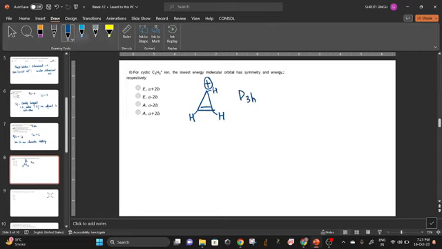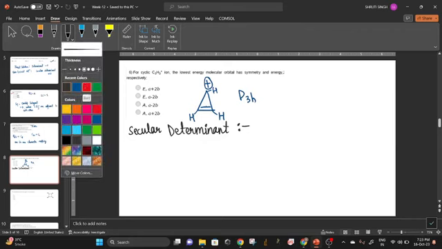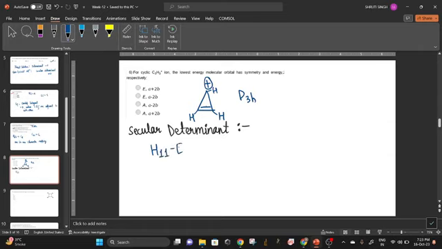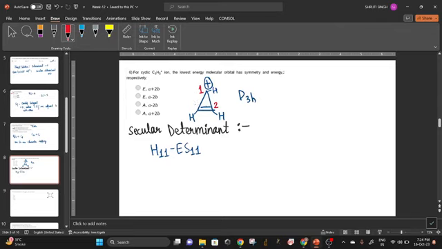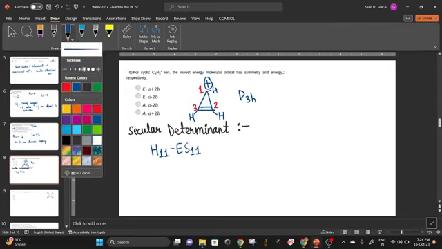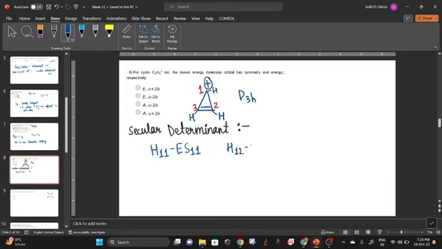When we write the secular determinant, let's name these atoms 1, 2, 3. It will look like H11 minus ES11, H12 minus ES12, H13 minus ES13.